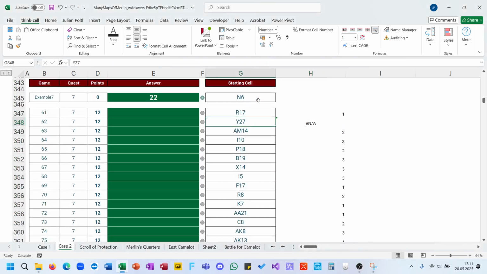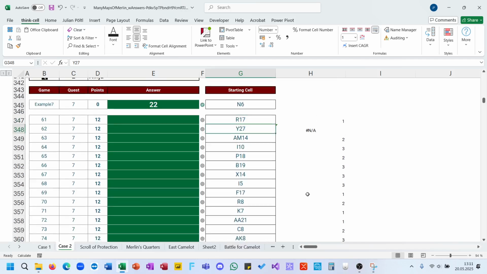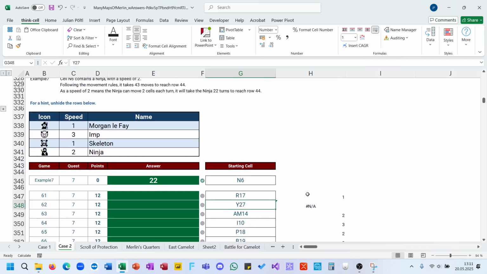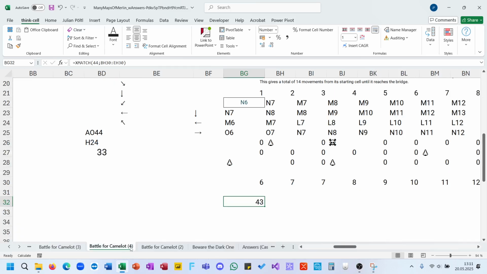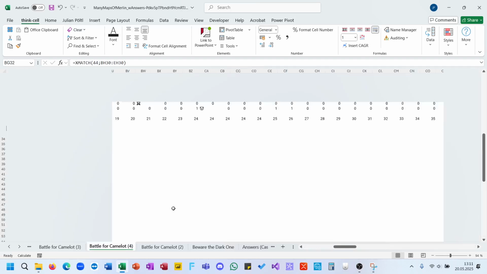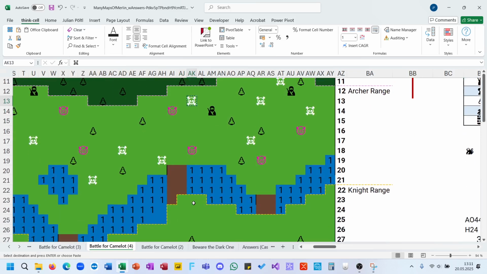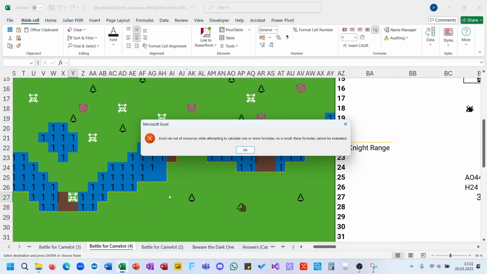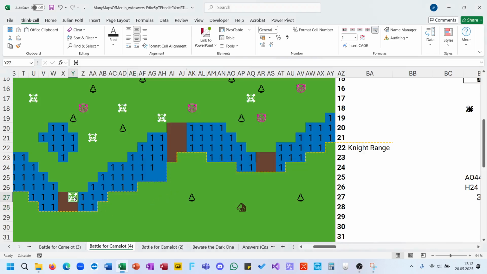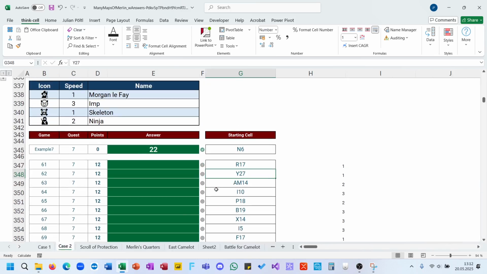Oh, Y27. Okay. Y27. It could be that this is like the icon here because I've deleted it. But let's bring this icon back in. Yeah. Okay. Yes. Okay.